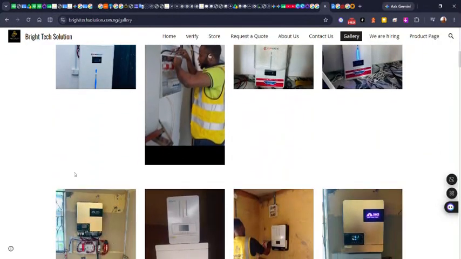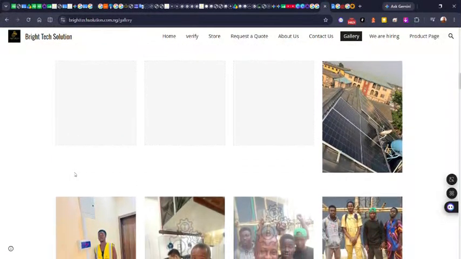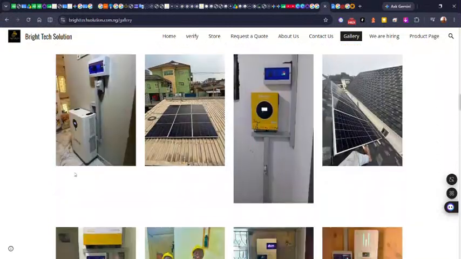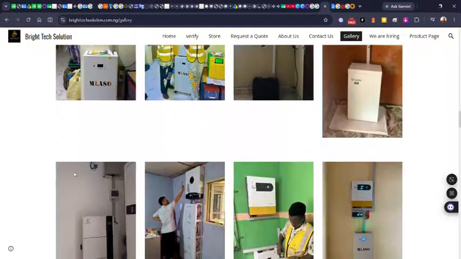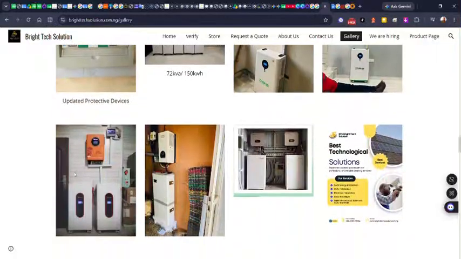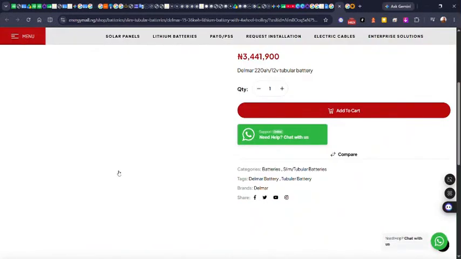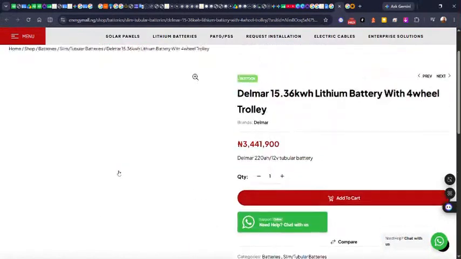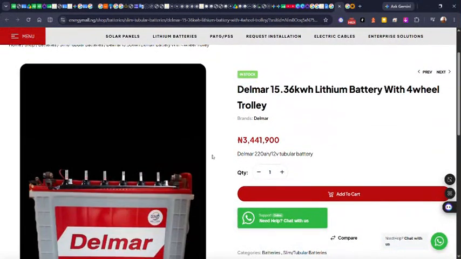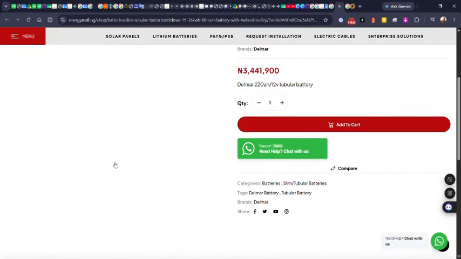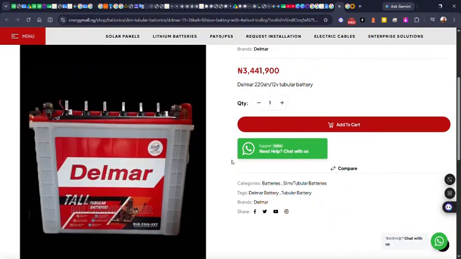First of all, I would like to start with the images of these batteries so that you can know the difference between them. This image here is the image of a tubular battery.